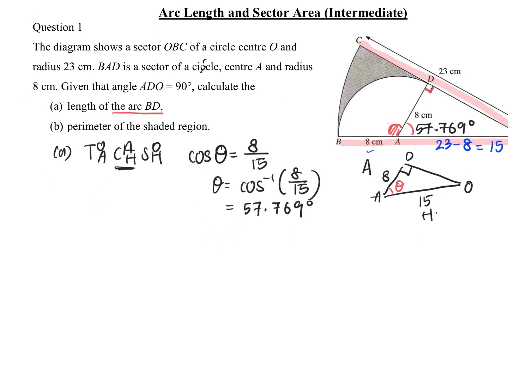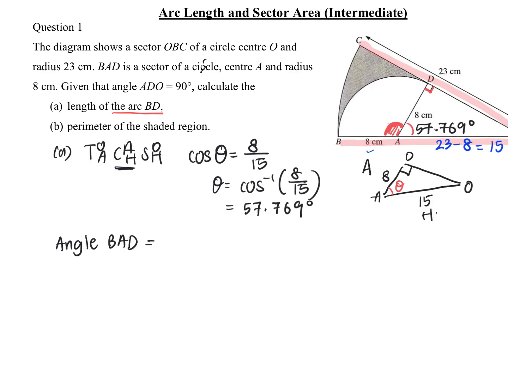How am I going to find the angle for the arc BD? My angle for the arc BD is the one that's over here at this portion. So the next step, the angle BAD is 180.